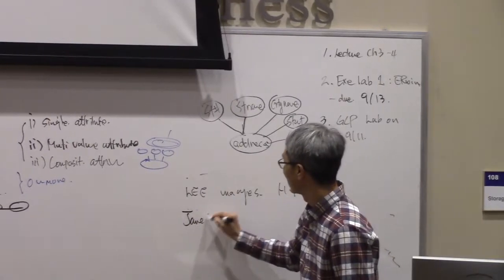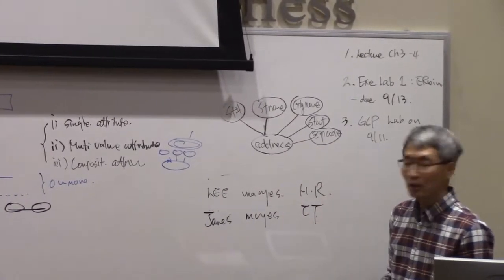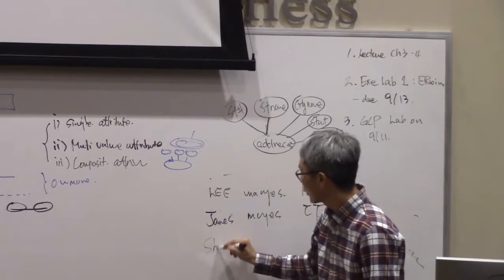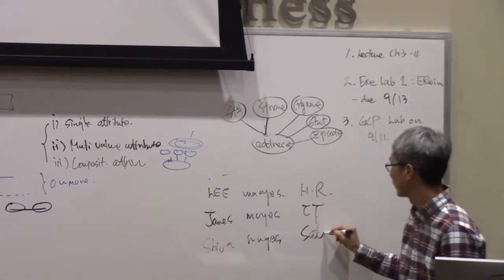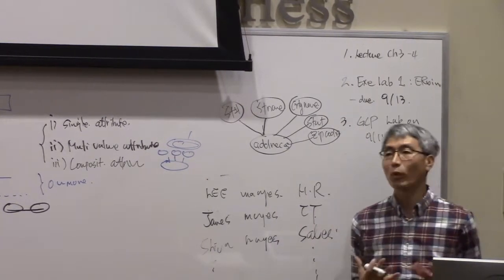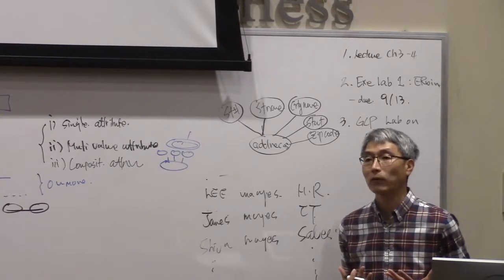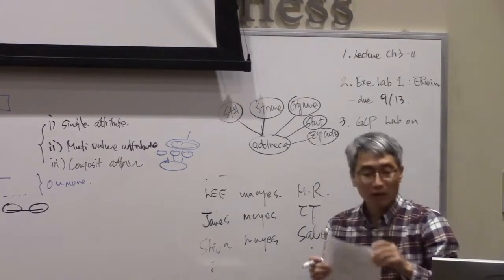James manages the IT department. And also Shiva manages the sales department. So this is what we identify from the given information or the given data.